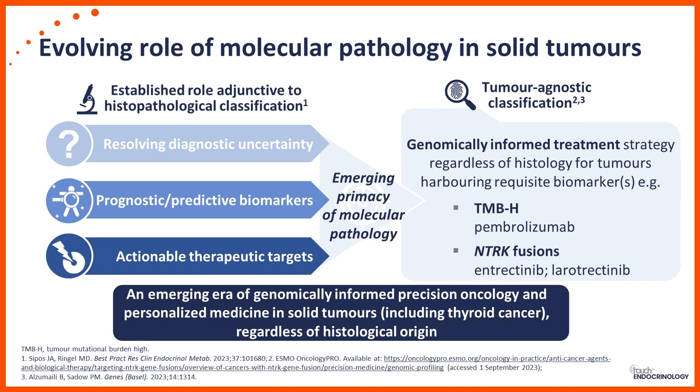BRAF mutations are more likely to be associated with cancers that ultimately will not take up radioactive iodine, but actually they do quite well in patients who already have widespread dissemination of their disease and are already RAI refractory. So interestingly, the prognostic value might actually be dependent on what stage of the disease you're characterizing.